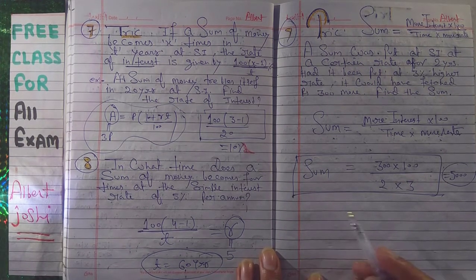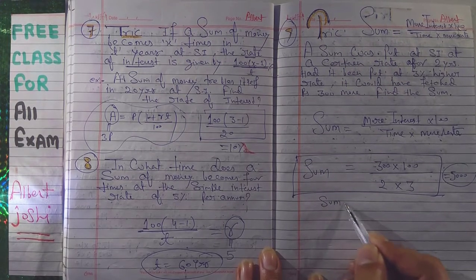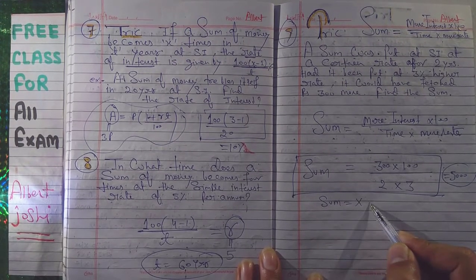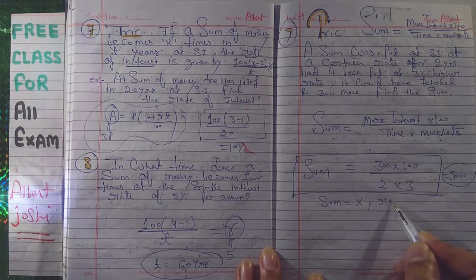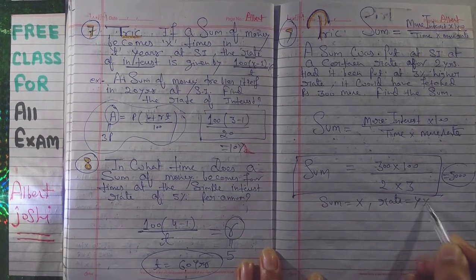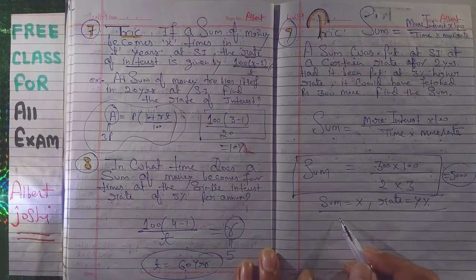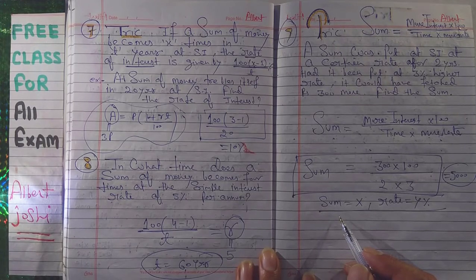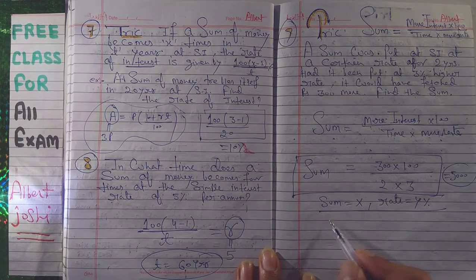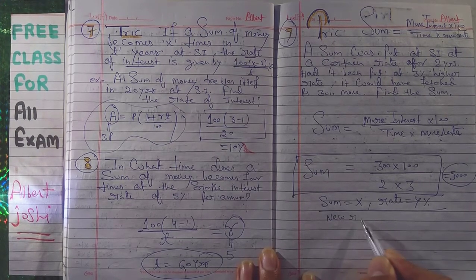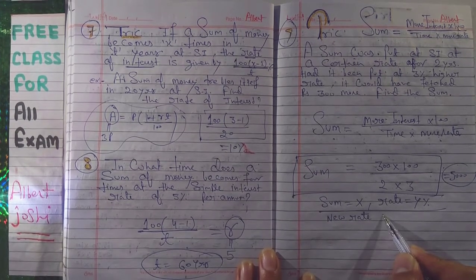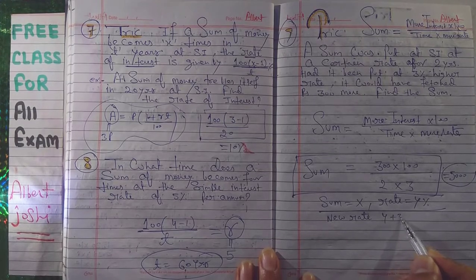Now I will also explain with the help of the high school method. Let the sum be x and the original rate be y%. Because he is increasing the rate, the new rate is y plus 3%.